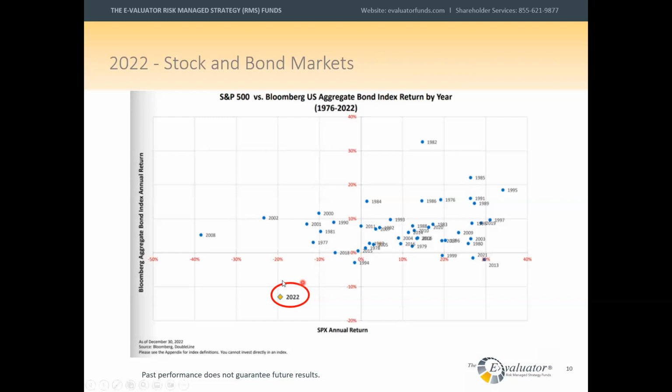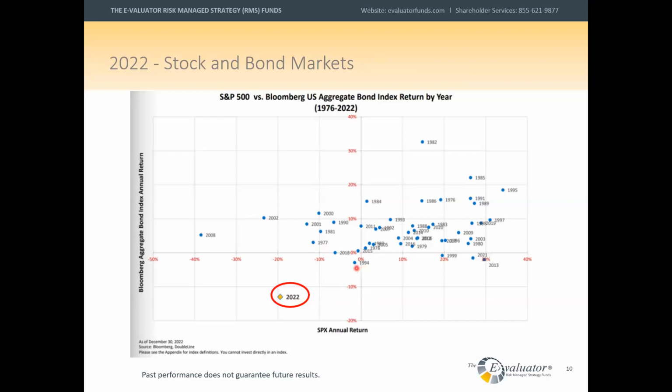Now, if we go and look at where 2022 fell, again, the reason we show you this is just because we want you to understand that this is really uncommon, what took place in 2022. If you go from the vertical line left, you can see stocks were down almost 20%. And if you go from the horizontal line down, you can see bonds were down about 15%.